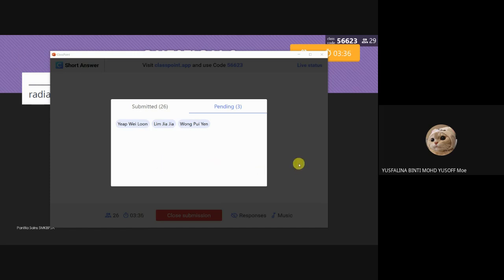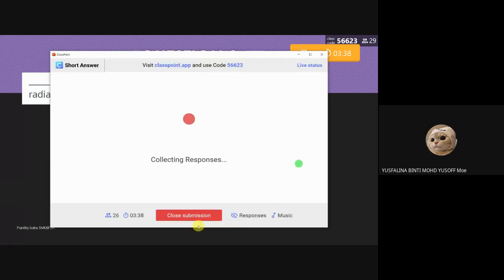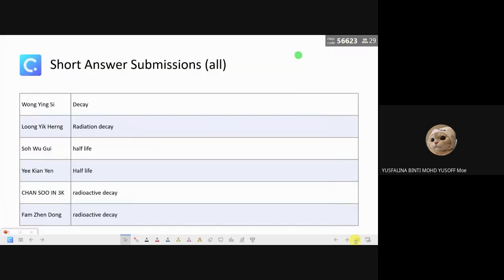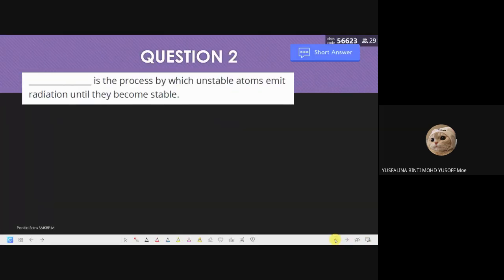Okay, I will close it. All right. So the answer should be radioactive decay. So they must have the words "until they become stable."